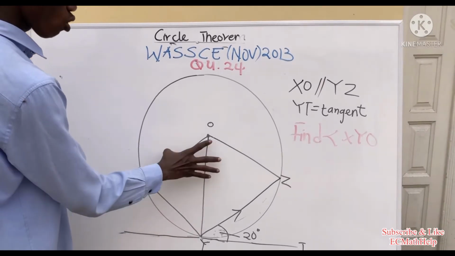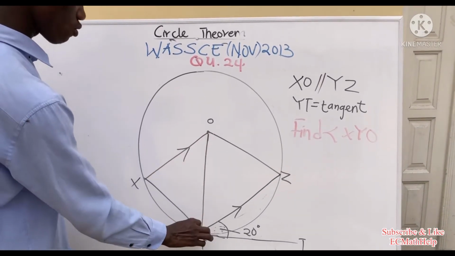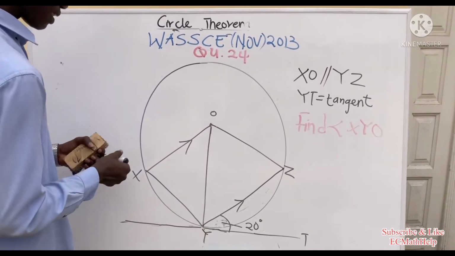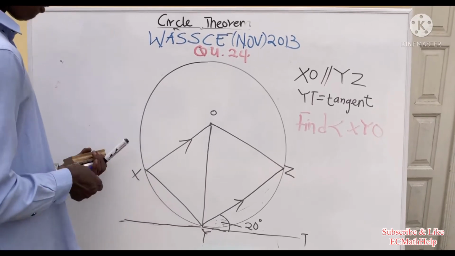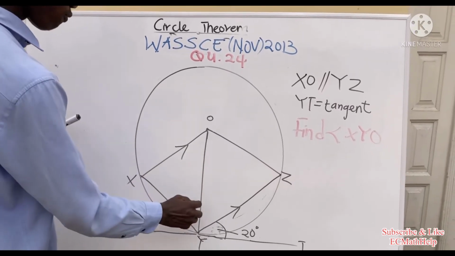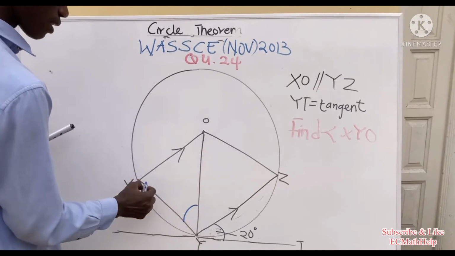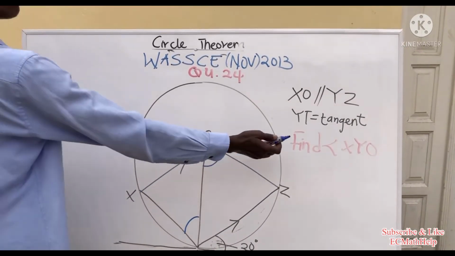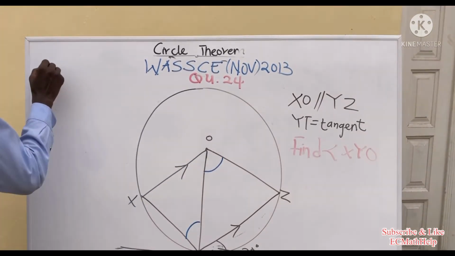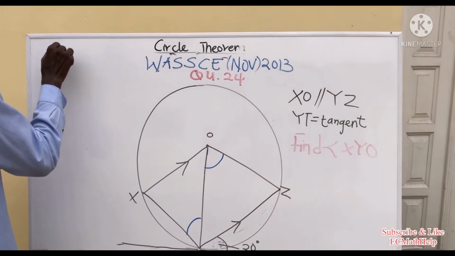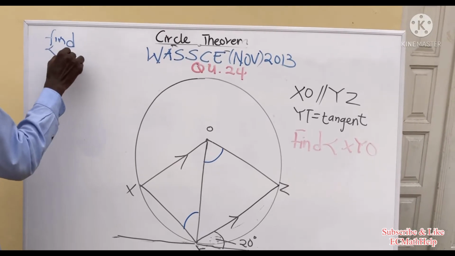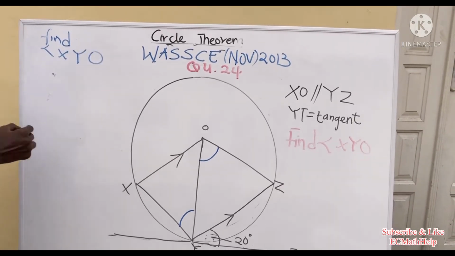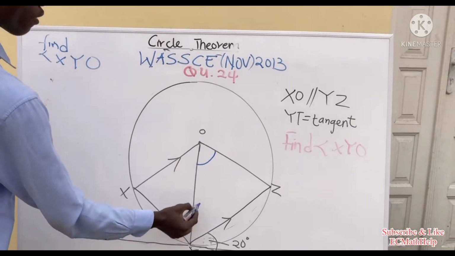So this chord forms an angle here, and this chord also forms an angle here. In the question we are asked to find angle XYO, this angle.